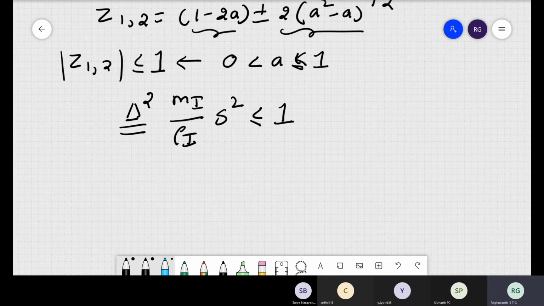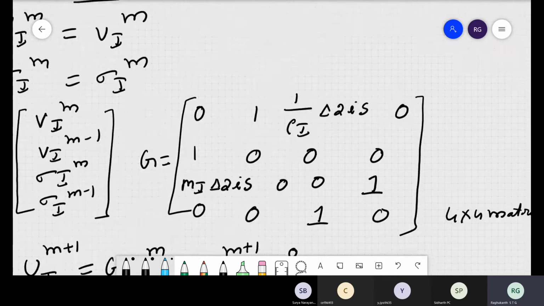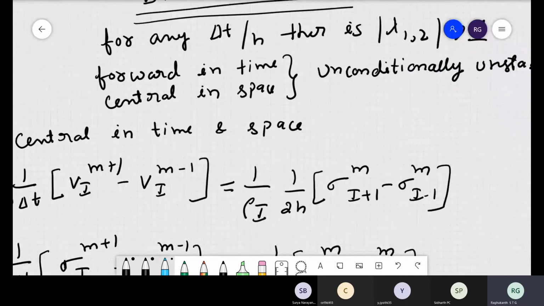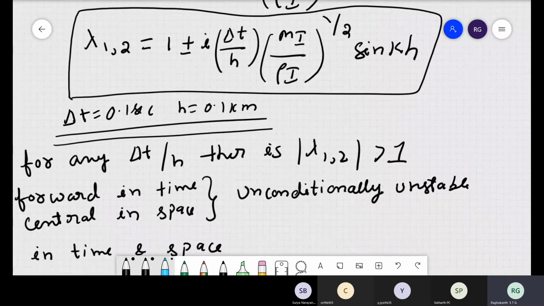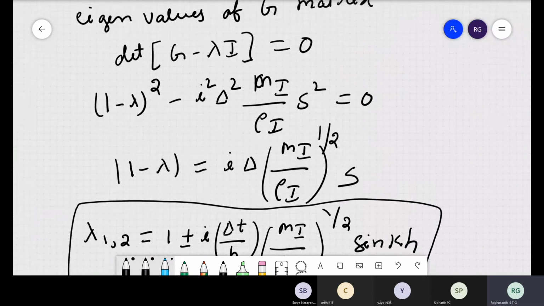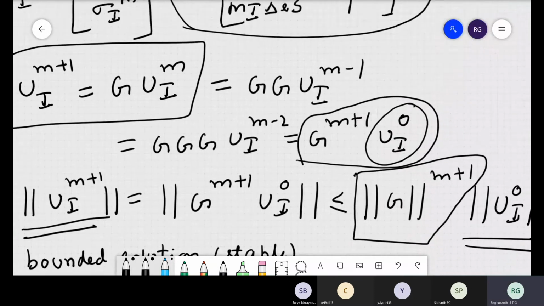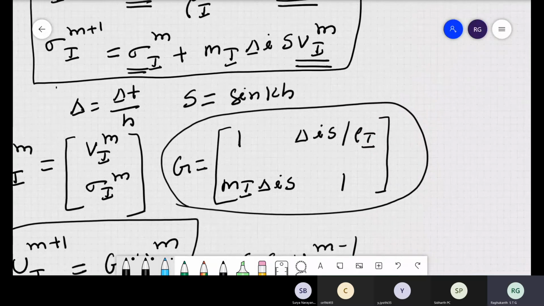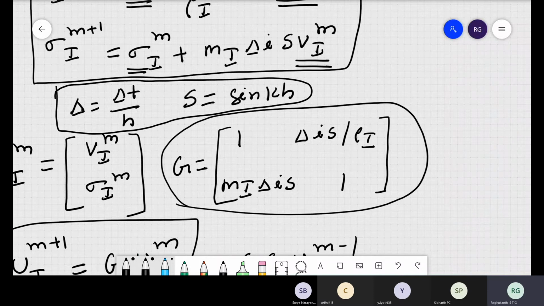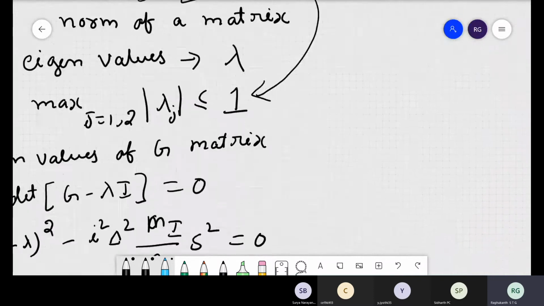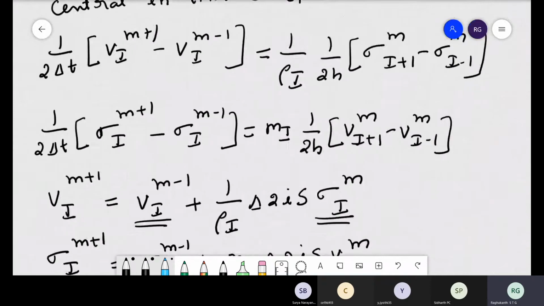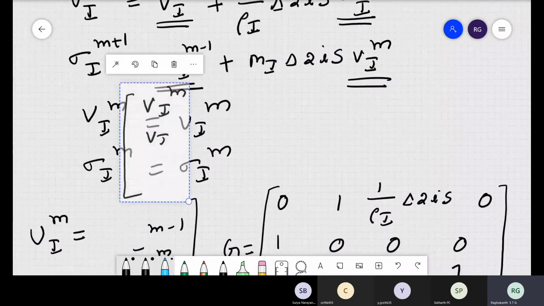We have defined it: delta is delta t by h, and the capital S is sine kh. You remember where we wrote those things? So now we substitute all those things. Anyway, the sine is the same.